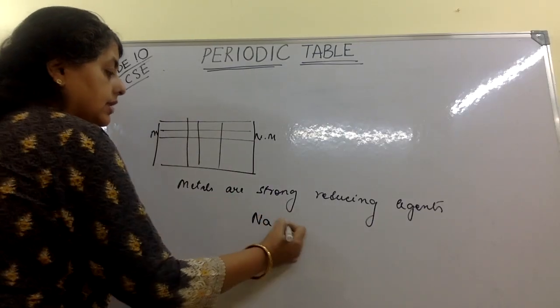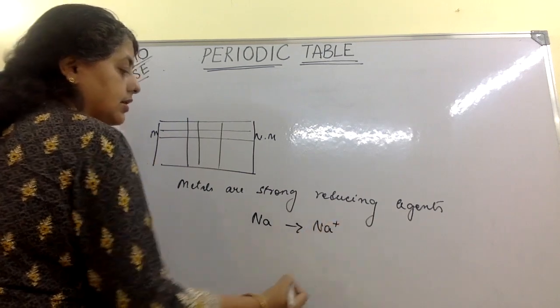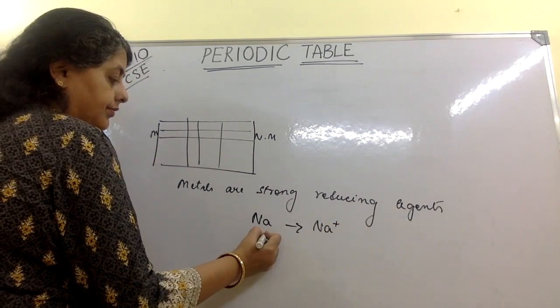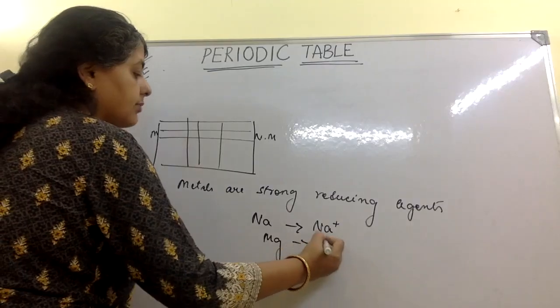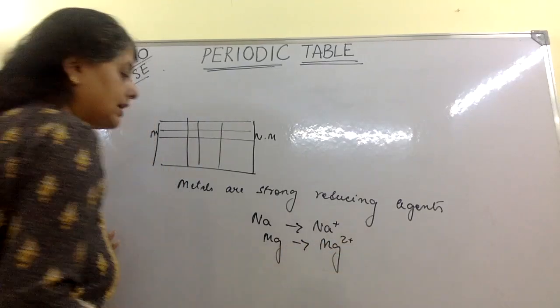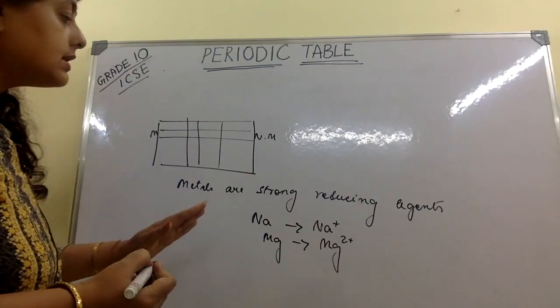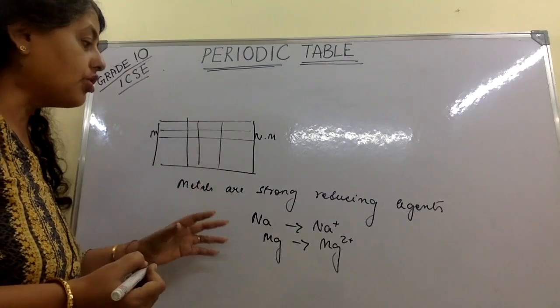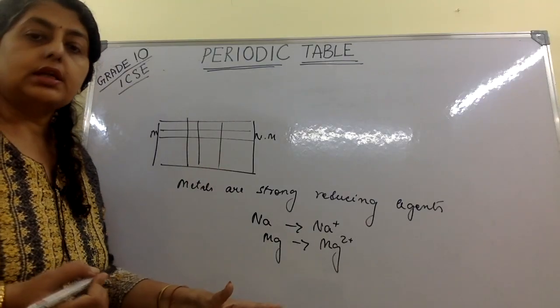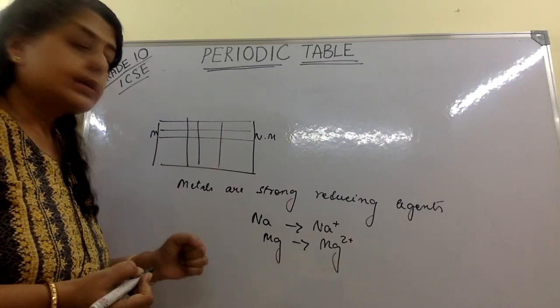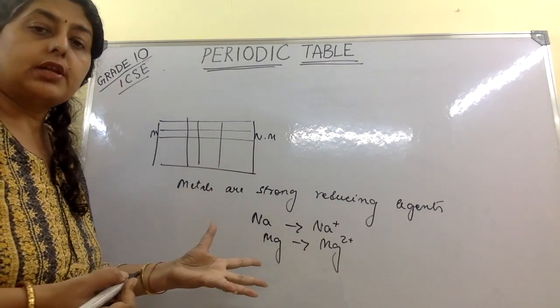A reducing agent is something which easily, like Na, becomes Na+, or Mg becomes Mg2+. In that case, it is elements which are strongly giving electrons to somebody that are reducing that particular element.